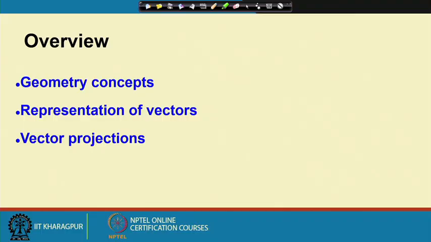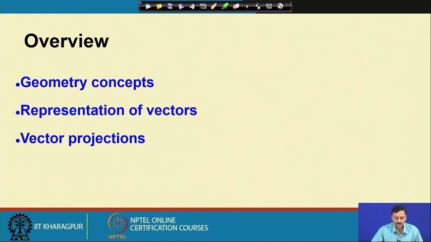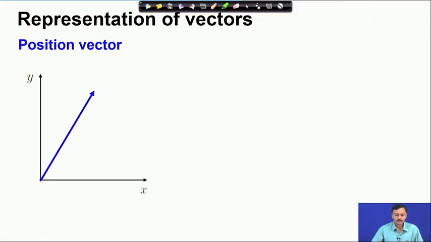So, here is the overview of what we are going to discuss today. We are going to look at some geometric concepts, representation of vectors, vector projections, etc. So, let us begin with the position vector.